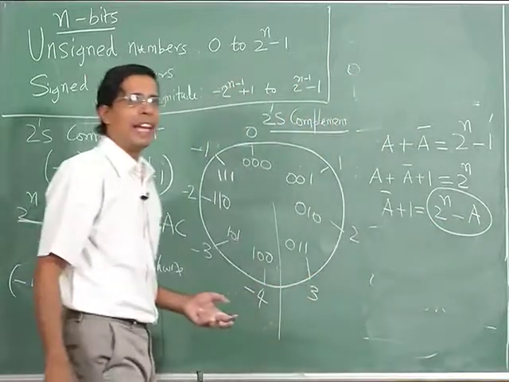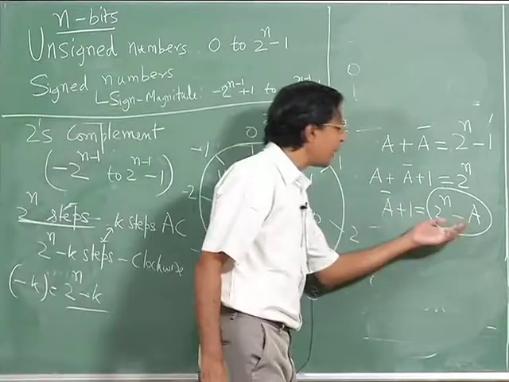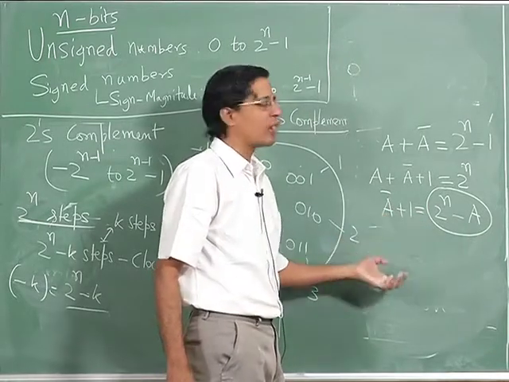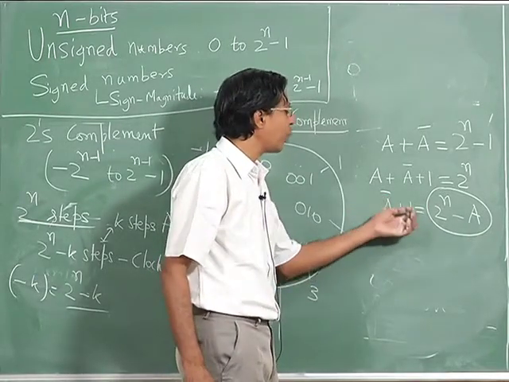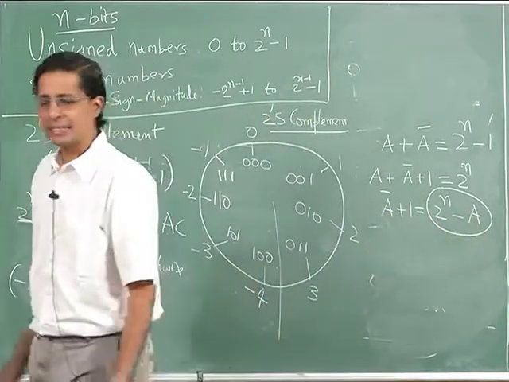I want minus A to be represented as 2 power n minus A, and 2 power n minus A is nothing but A complement plus 1. So if I complement every bit and add 1 to it, I get the desired representation for minus A.